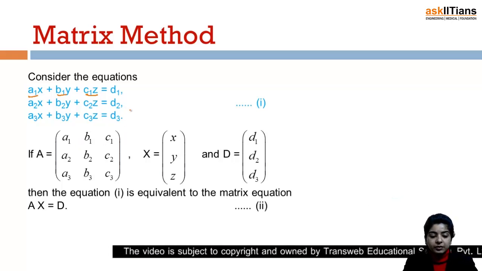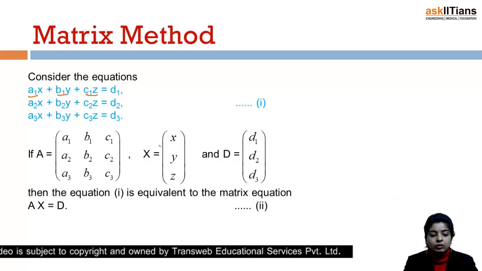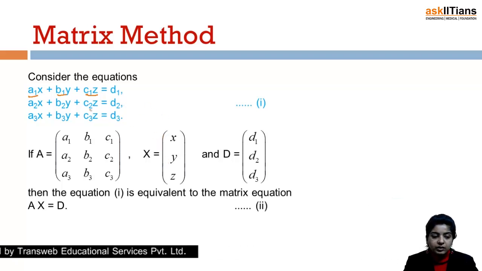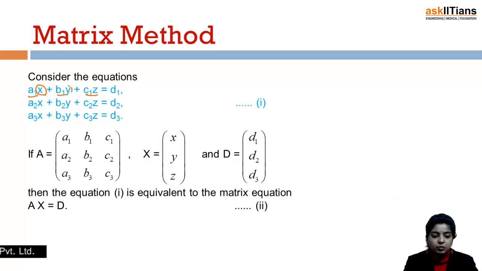The matrix of variables can be written as X equal to x, y, z. Obviously the variables here are x, y and z, and the constant matrix is d1, d2, d3. So we denote these matrices by A, which is the coefficient matrix, then X is the variable matrix and D is the matrix of constants or the constant matrix.